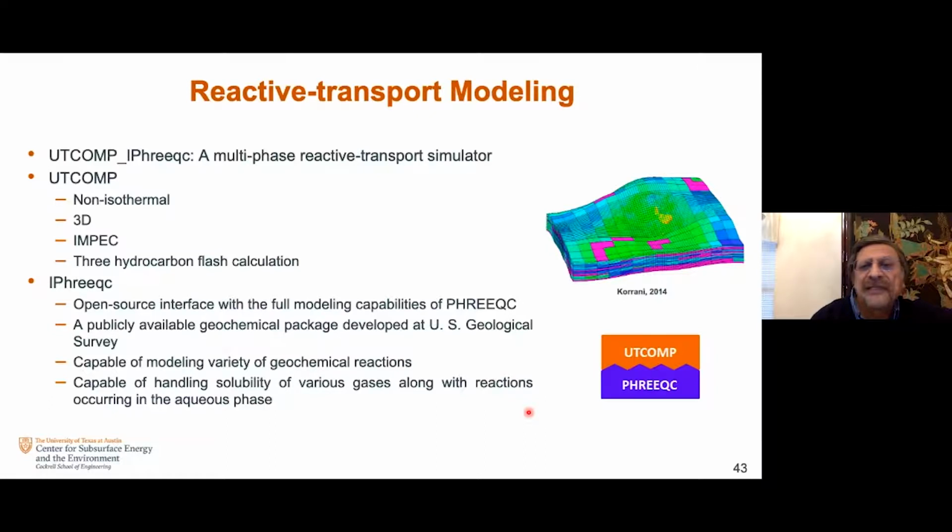What we did was look at using UTComp as well as UTChem, and we coupled a program developed by USGS, the US Geological Survey, called iPhreeqc. And of course, what we did was a coupling between our simulator and such a geochemistry engine.